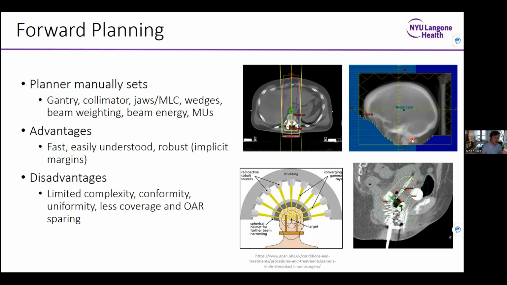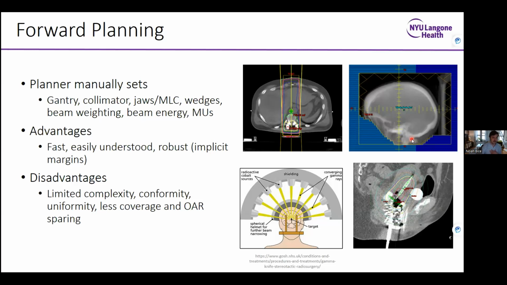So that means manually setting, at least for a C-arm Linac, gantry and collimator angles, jaw and MLC positions, physical wedges or EDWs, beam energy, and number of MUs. And this is all done manually by the planner.